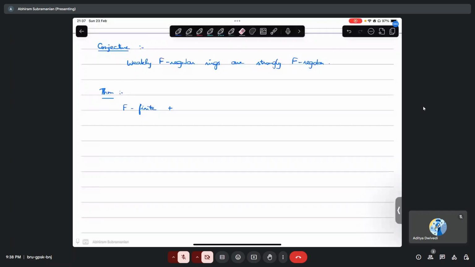The proof is left as an exercise. In particular, there exist rings which are F pure but not F split. So the converse is only true for F finite rings.